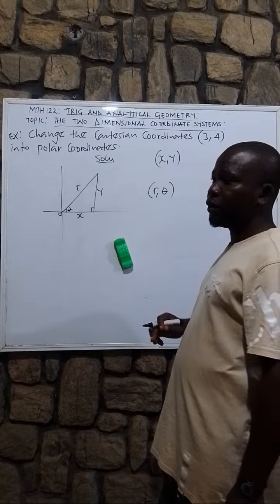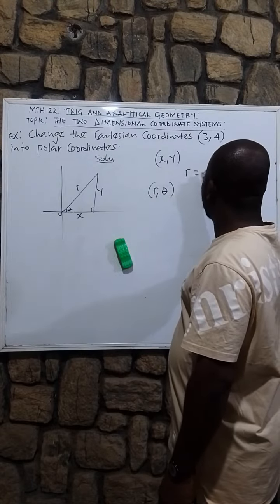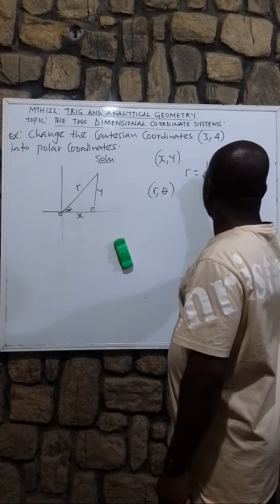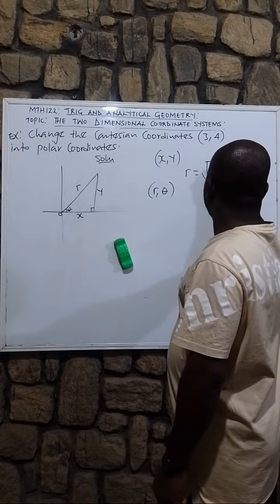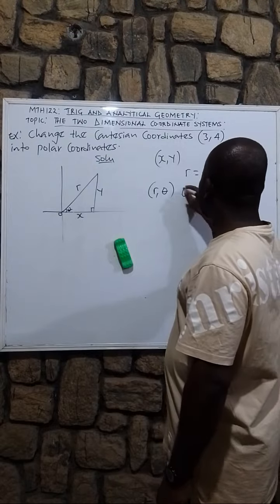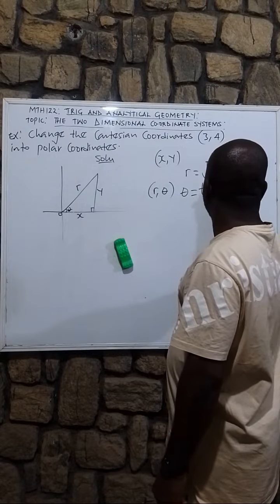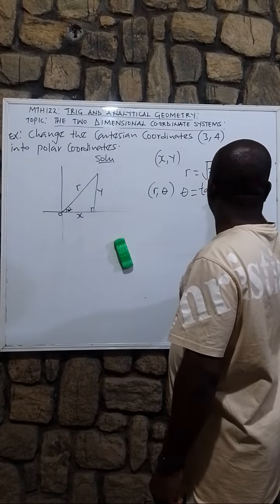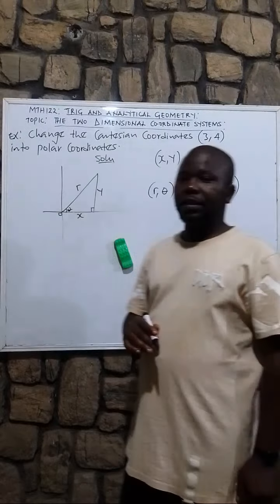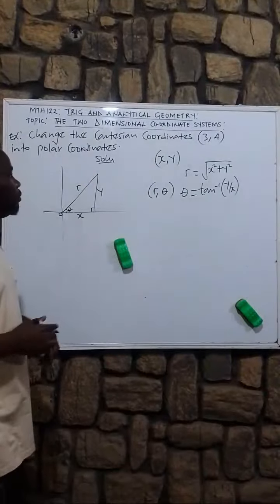I told you that r equals the square root of x squared plus y squared, and theta equals tan inverse of y over x, isn't it? Okay, so if you agree with me, let's come here.